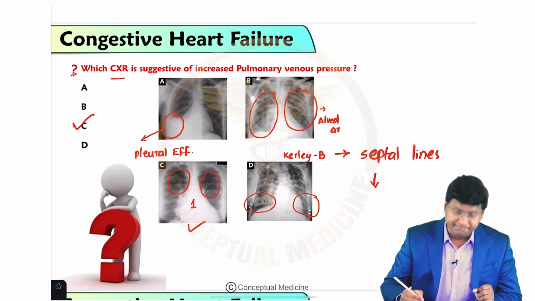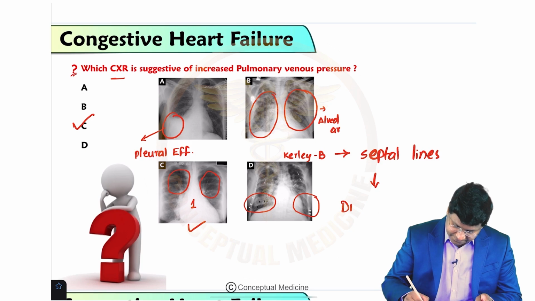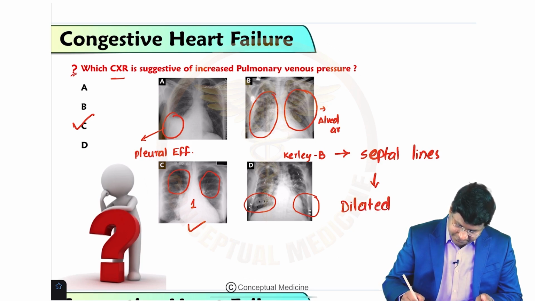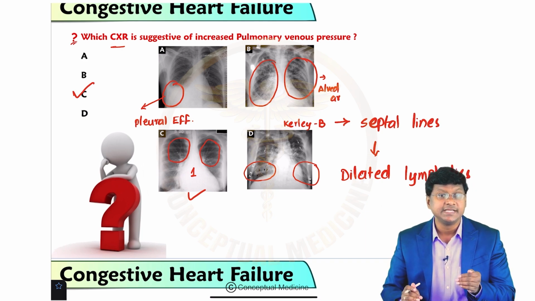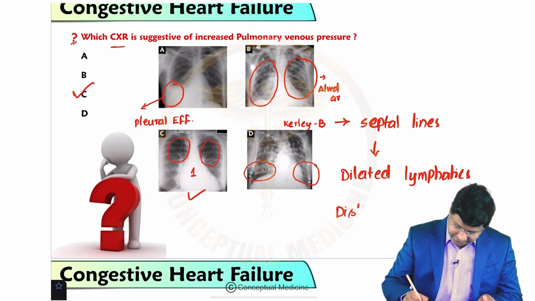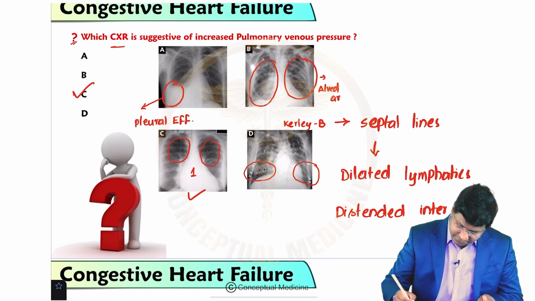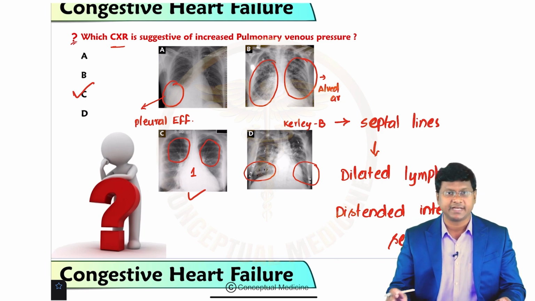And these particular septal lines represent the dilated lymphatics and distended interlobular septa. So that is the representation of the Kerley B lines.